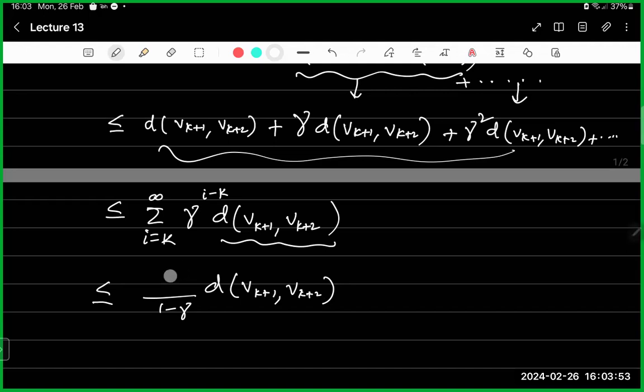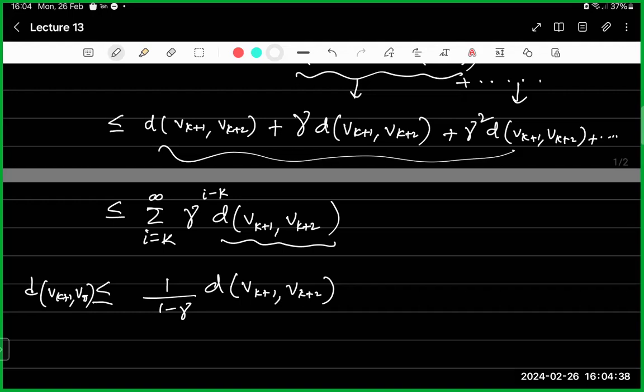Okay. Yeah. So we are able to relate the distance between vk plus 1 and v pi in terms of our current distance, right? So if you want the final distance to be less than or equal to epsilon, we know where the current distance should be, right? This is what, d of vk plus 1 comma v pi, right? So this is less than or equal to this, right?